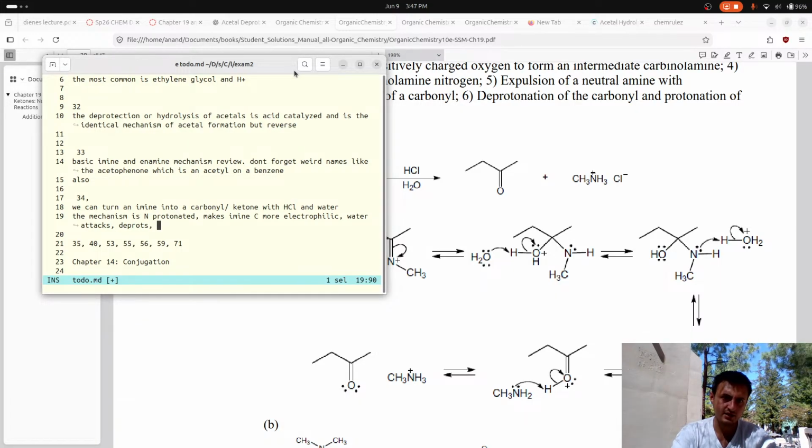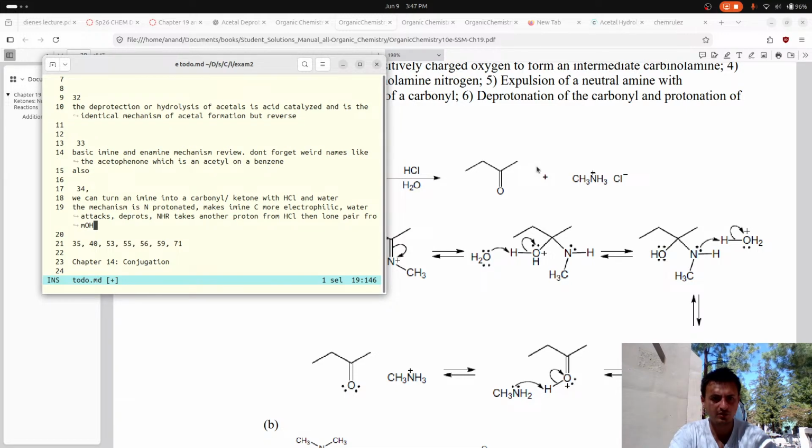Then NHR takes another proton from HCl. Then lone pair from OH dumps to pi, kicks off NH2R.